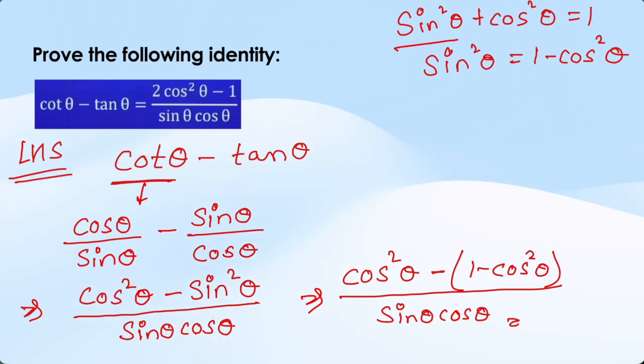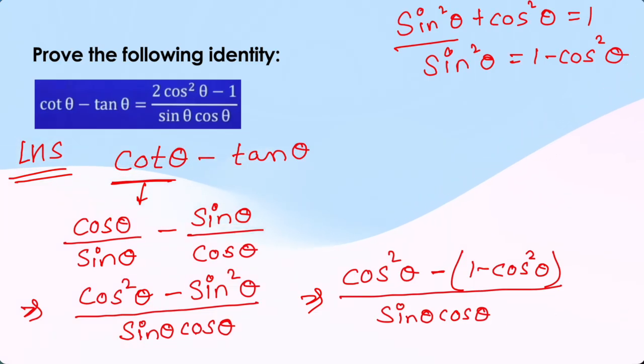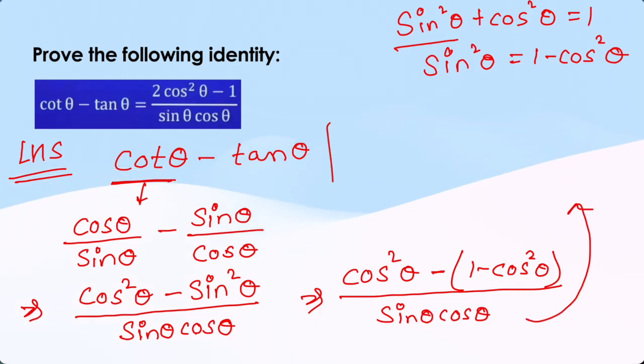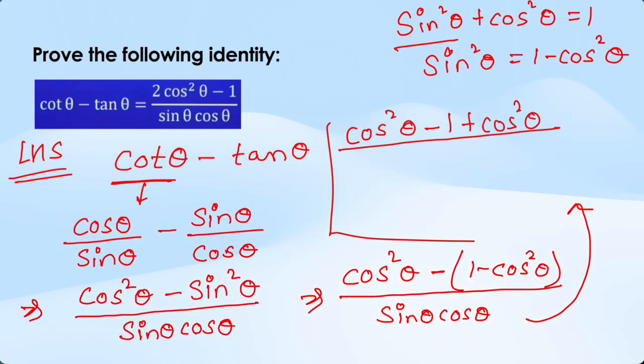Okay, next, just open it. Cos square theta minus 1 into minus 1, it is plus cos square theta. Let's write it somewhere else. Okay, let's shift it there. So it will be cos square theta minus 1 plus cos square theta divided by sine theta cos theta.